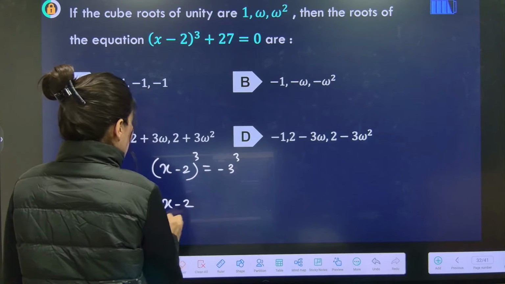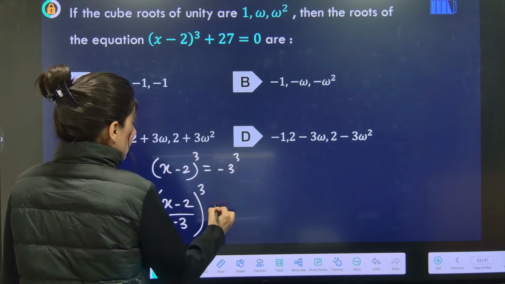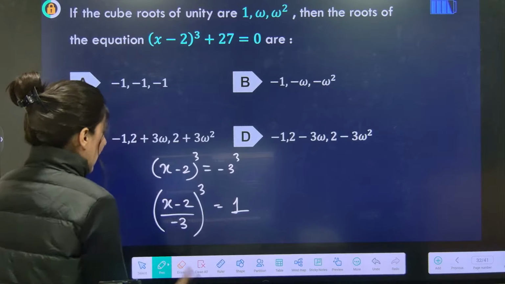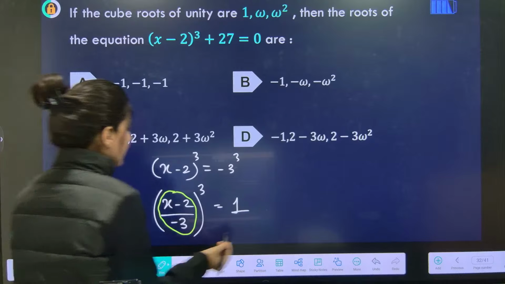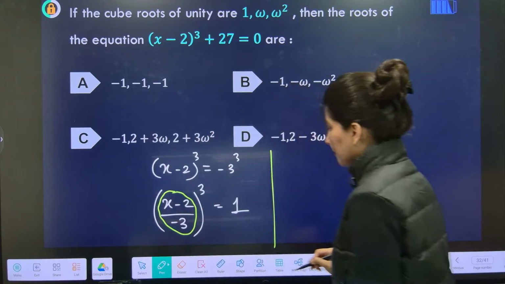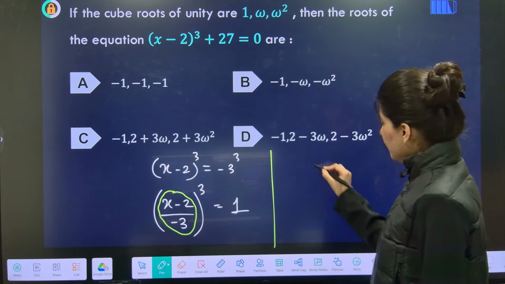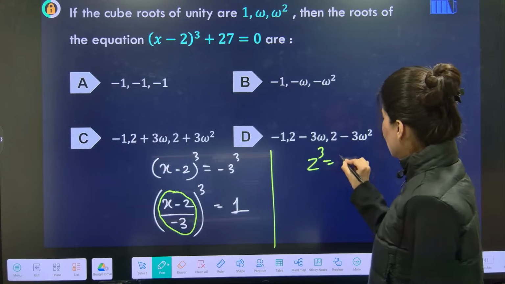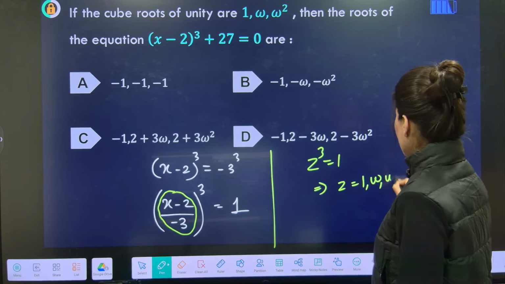So x minus 2 upon minus 3 whole power 3 is going to be 1. Now I am going to mark this as z. So z cube is equal to 1. The solution of this is z equals 1, omega, omega square.